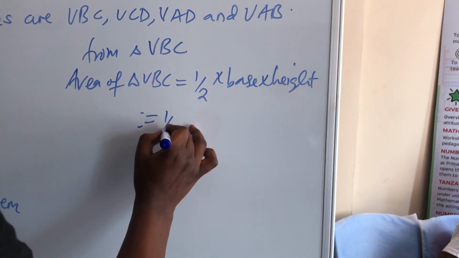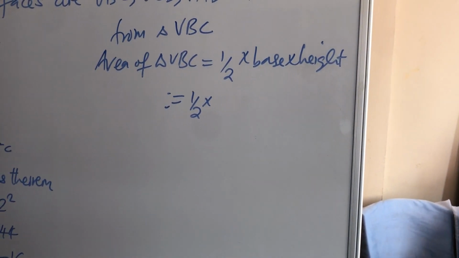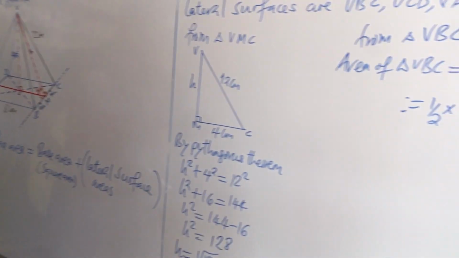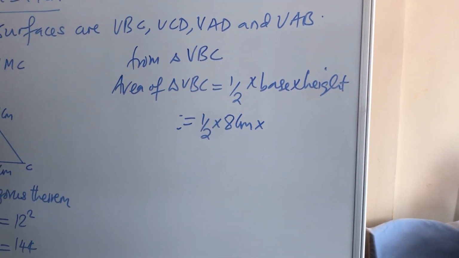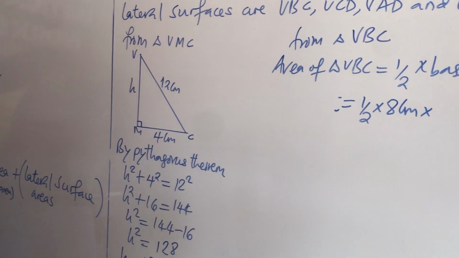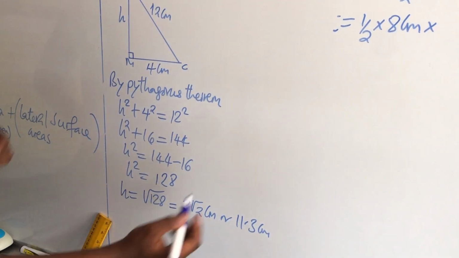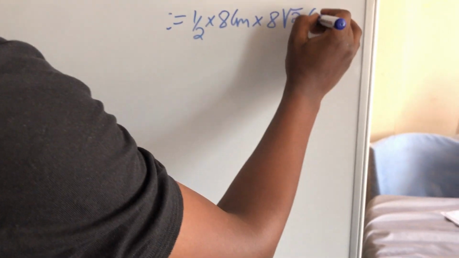So it is a half times the base. The base here is BC, which is 8 centimeters in length. So it is 8 centimeters times the height. It is VM here, which we got as 8 radical 2 centimeters.